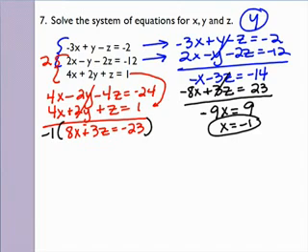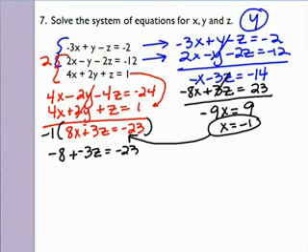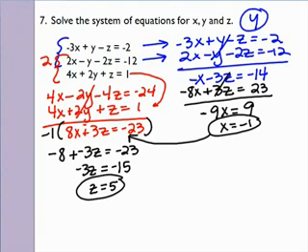I'm going to take that one and I'm going to plug it right back into this one. So I get negative 8 plus a negative 3z equals negative 23. So negative 3z is equal to negative 15. So z is equal to 5. 2 down. And then I'm going to use this bottom one right here and plug those in.